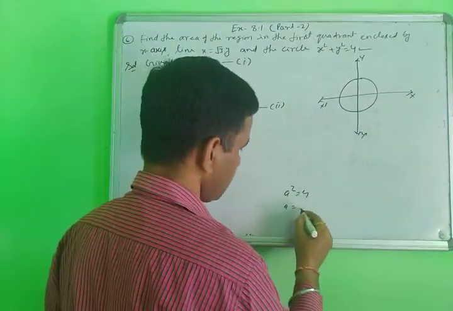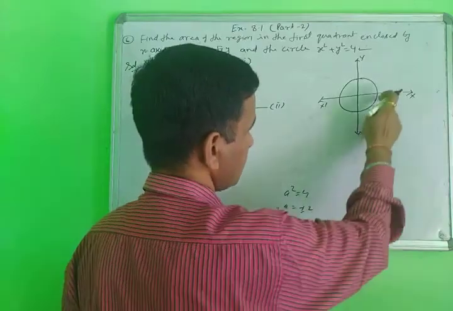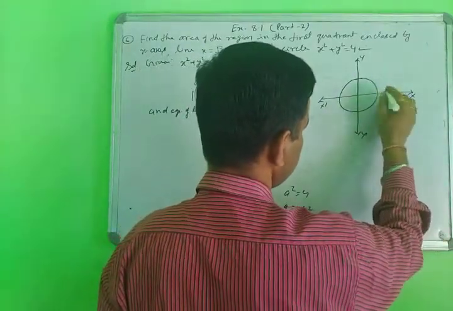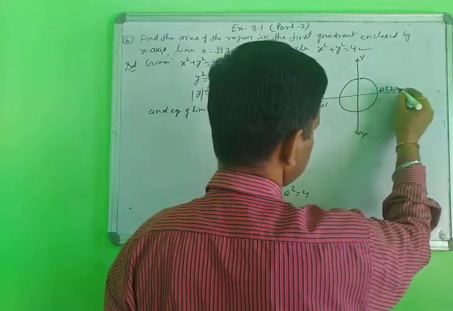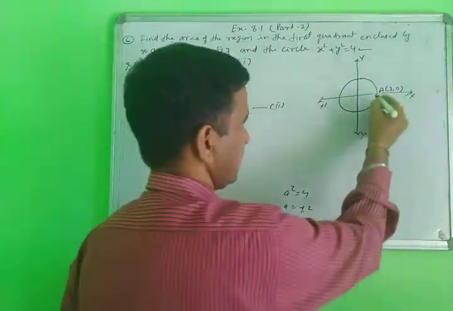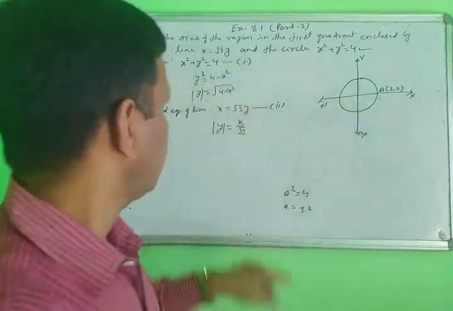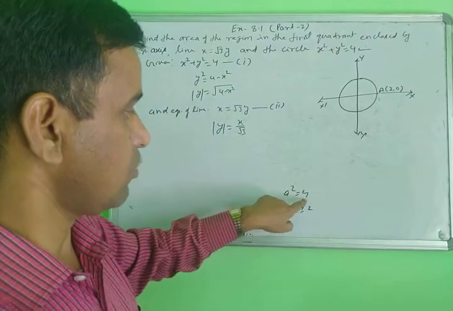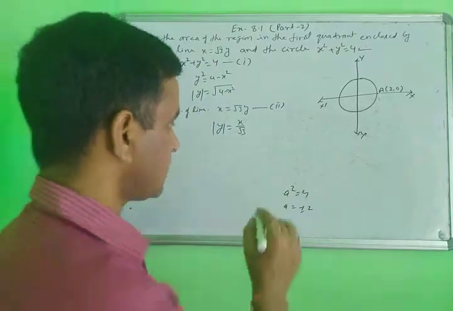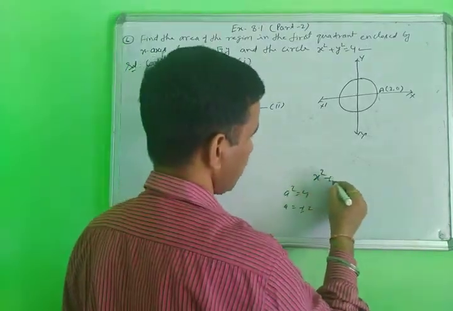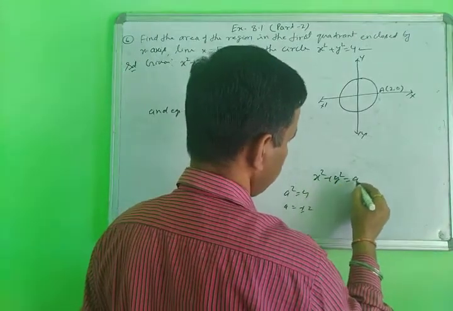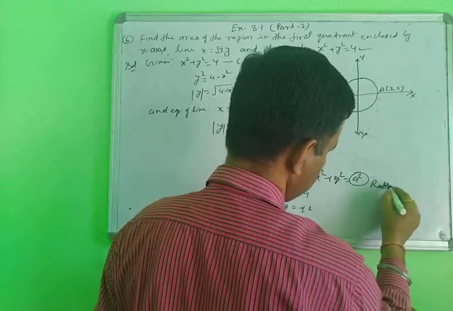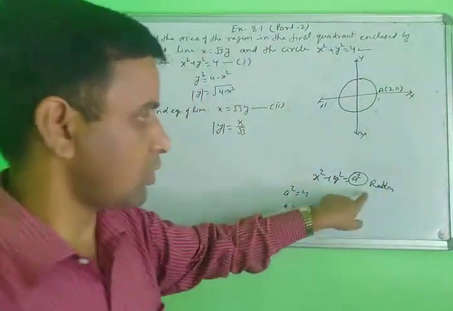It means the value of a equal to plus minus 2. Suppose we name this point A, so here 2, 0. Because the standard equation of the circle is x square plus y square equal to a square, and this a is the radius.